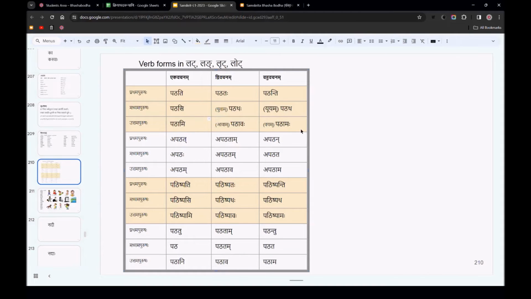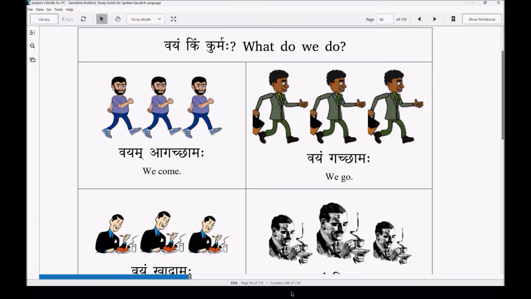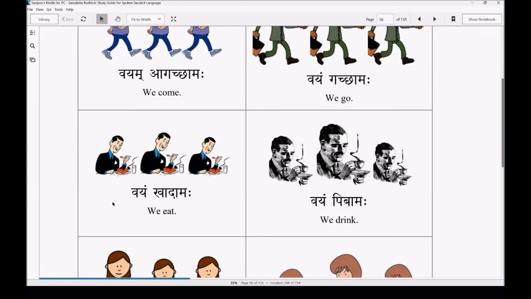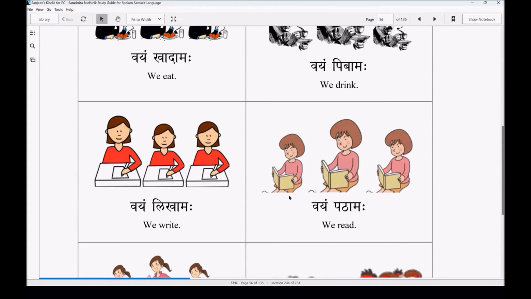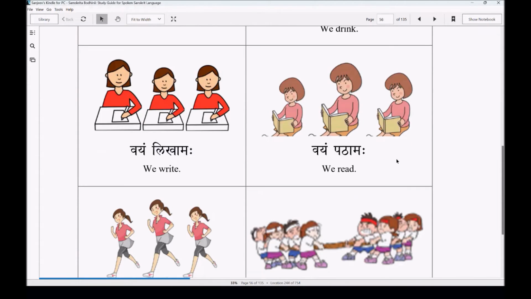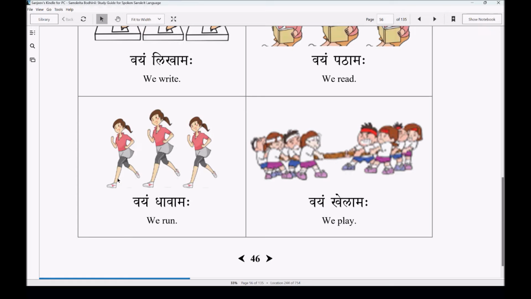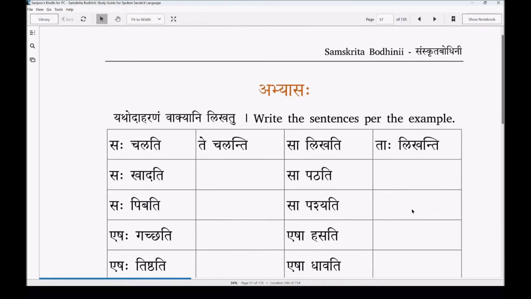So aham pathami, vayam pathamah. The form will change. Aham khadami, vayam khadamah. Aham pibami, vayam pibamah. Aham likhami, vayam likhamah. Aham dhavami, vayam dhavamah. Aham khelami, vayam khelamah, etc.